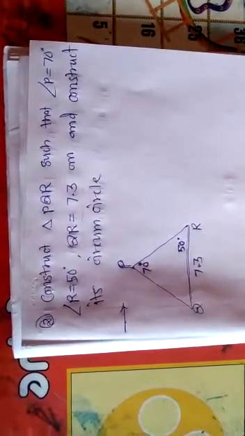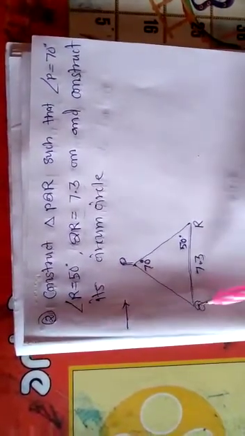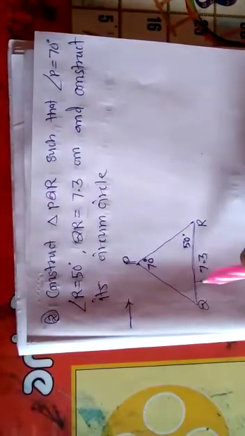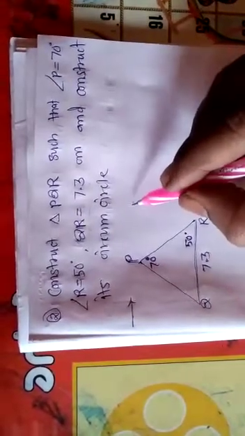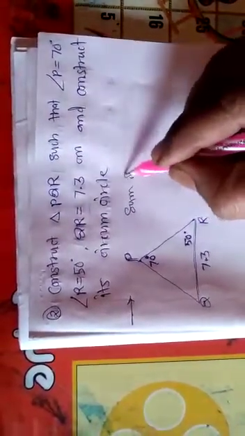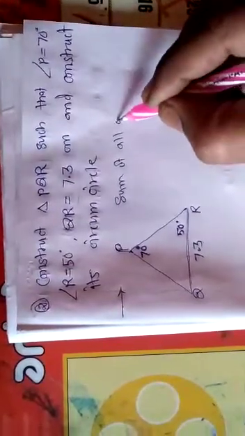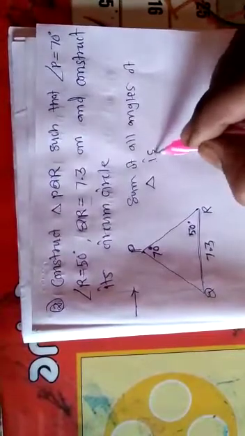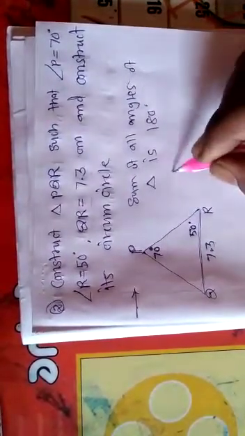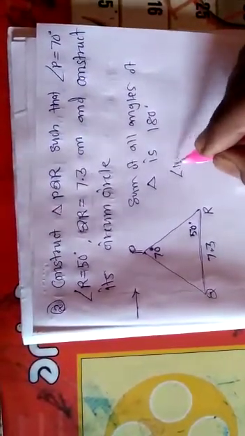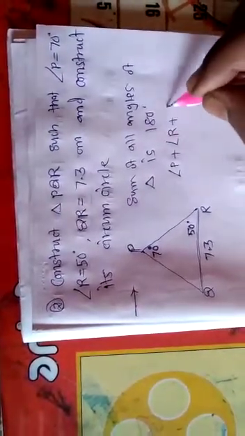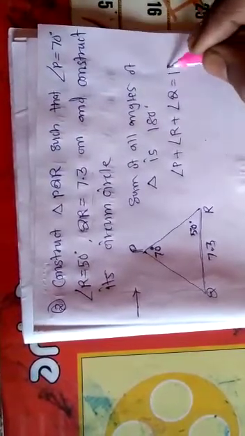So we first want to find angle Q. How can we find angle Q? We know that the sum of the three angles of a triangle is 180 degrees. Angle P plus angle R plus angle Q equals 180 degrees.